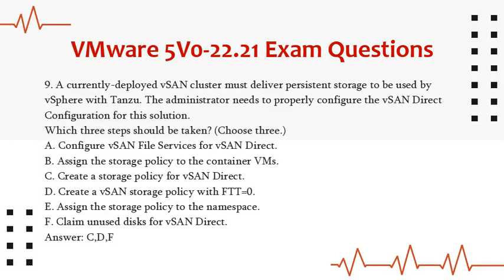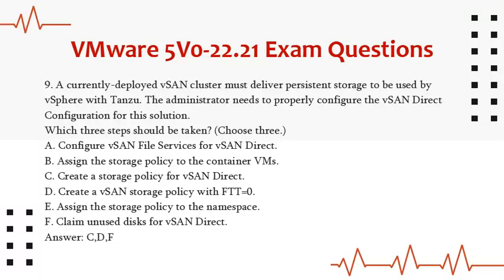9. A currently deployed vSAN cluster must deliver persistent storage to be used by vSphere with Tanzu. The administrator needs to properly configure the vSAN Direct configuration for this solution. Which 3 steps should be taken? Choose 3. A. Configure vSAN file services for vSAN Direct.